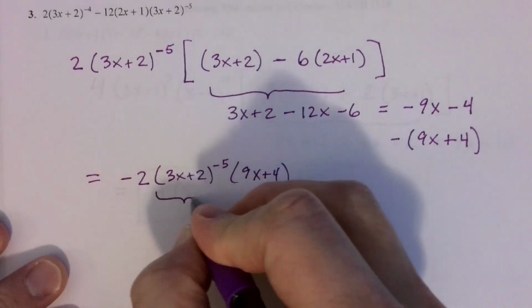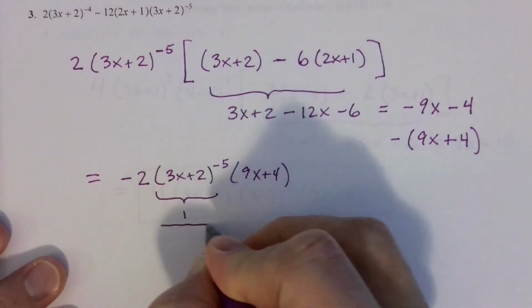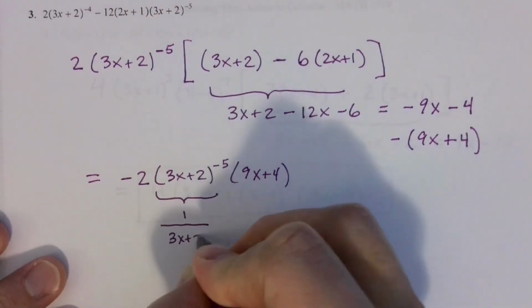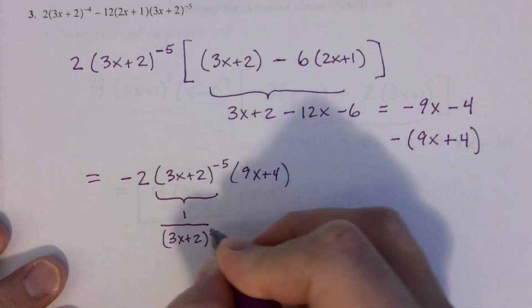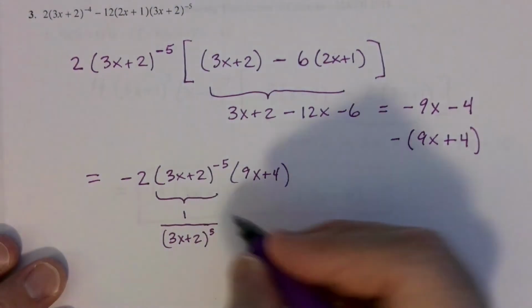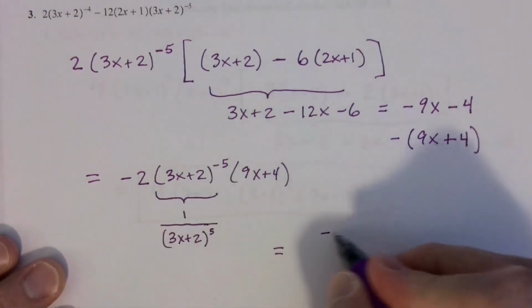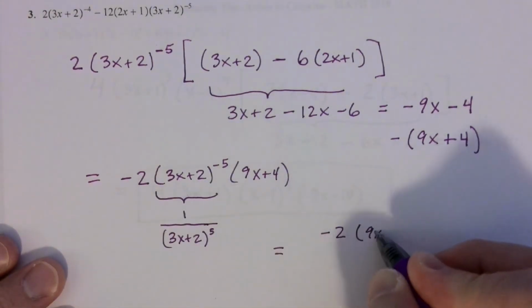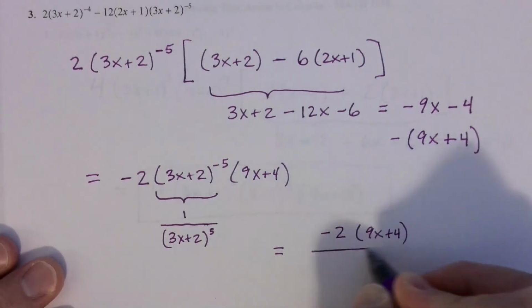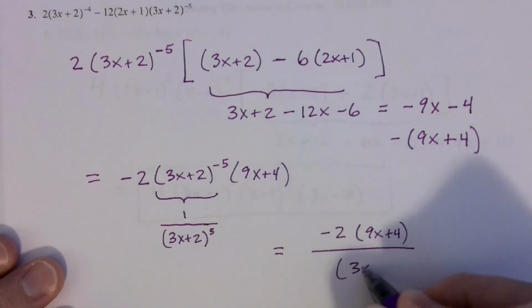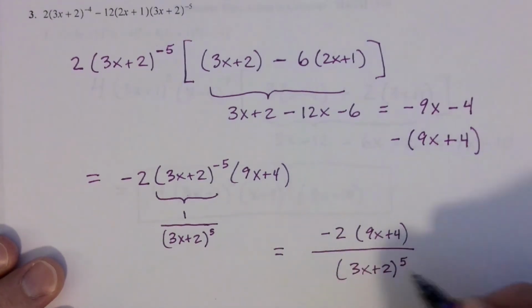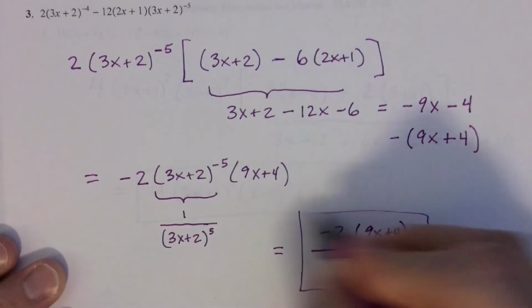This 3x plus 2 to the -5 is 1 divided by 3x plus 2 to the +5. It's the reciprocal. And so if I clean this up, on top I'm going to have -2 times 9x plus 4, and in the bottom I will have 3x plus 2 to the +5 power.